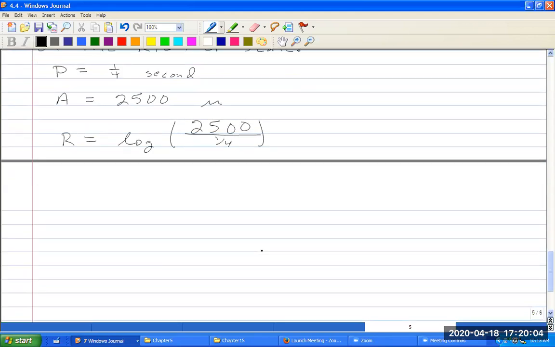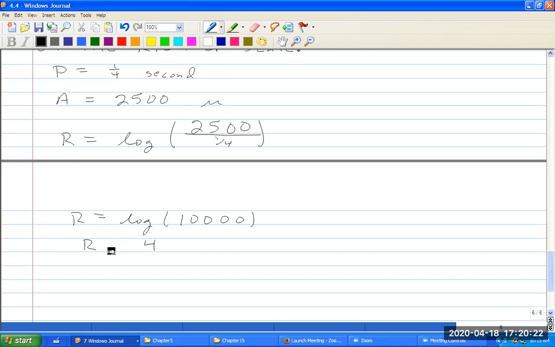So this is the log of 4 times that, 10,000. And so this is an earthquake of magnitude 4 on the Richter scale.